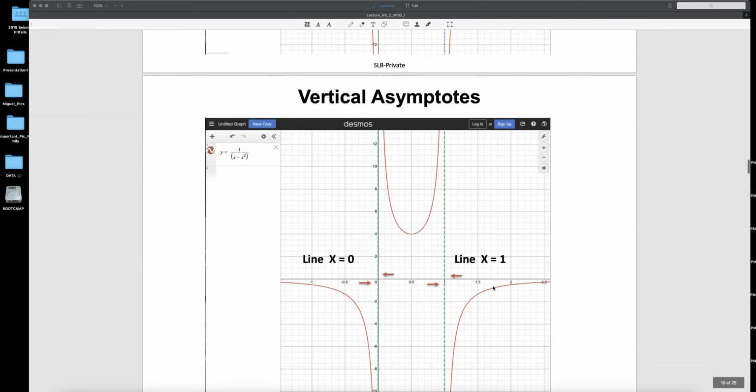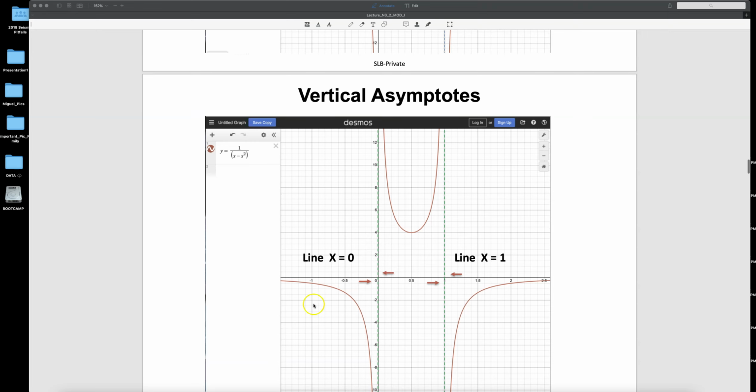Okay, now we can see here that the function is defined neither at 0 nor at 1. So x equals 0 and x equals 1 are the vertical asymptotes.